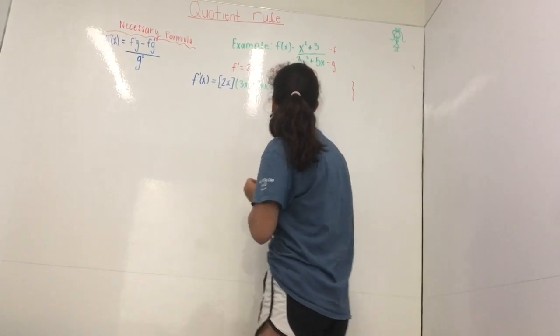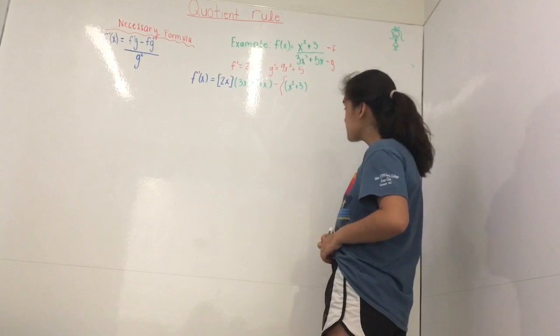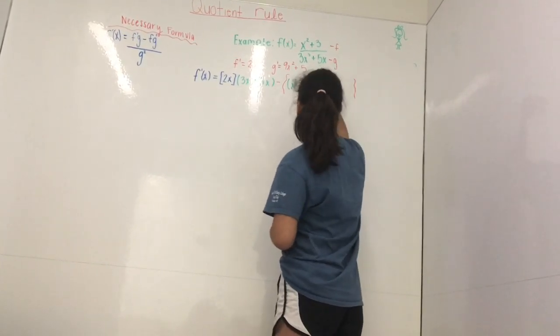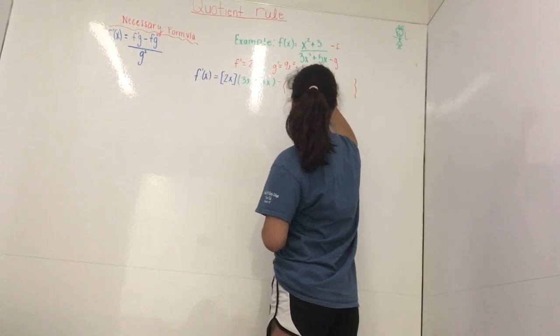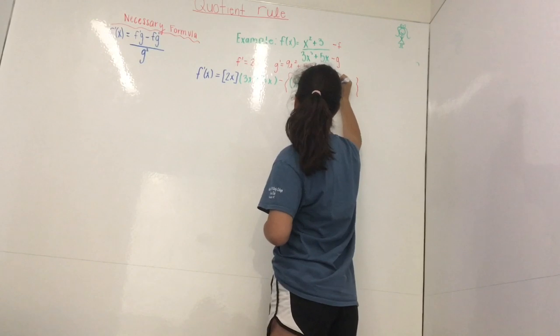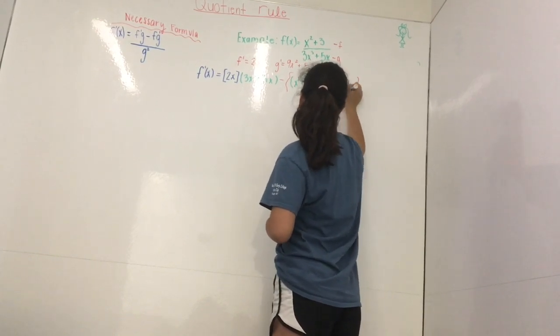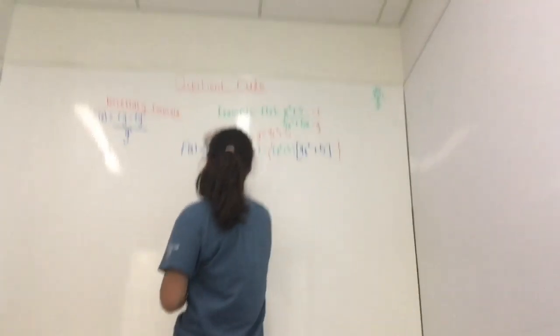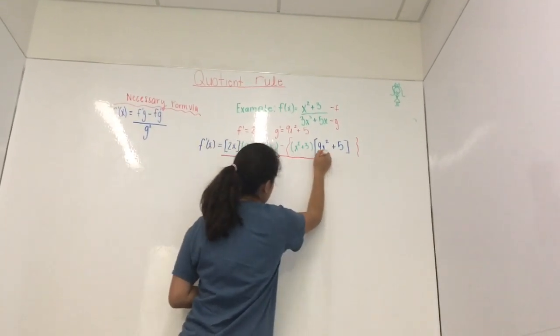And then we are also going to have that multiplying times the derivative of g, which, as we have already stated, is 9x squared plus 5. Then all of that function is going to be over g squared.